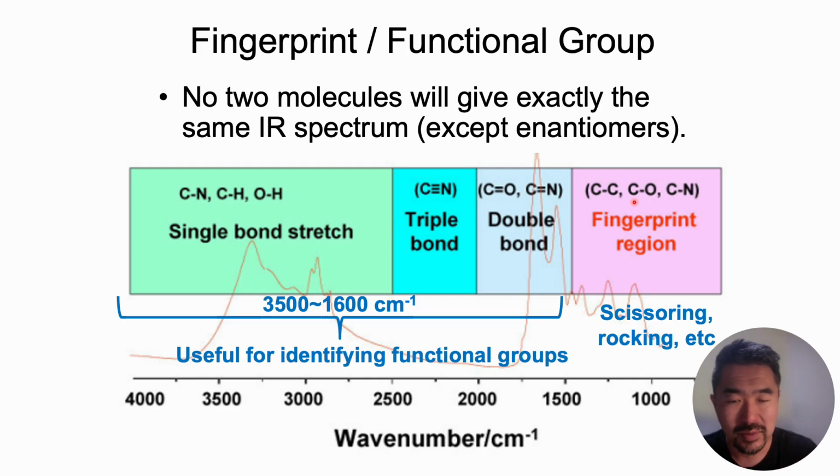Because of that, no two molecules have exactly the same IR spectrum, technically, and so you could potentially use this to identify a specific molecule.